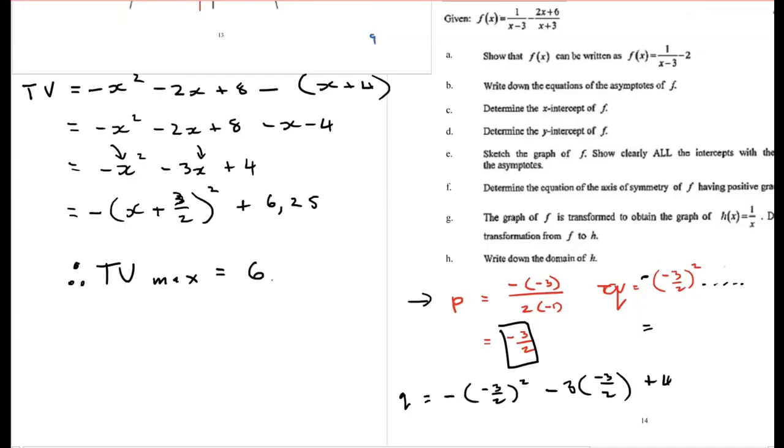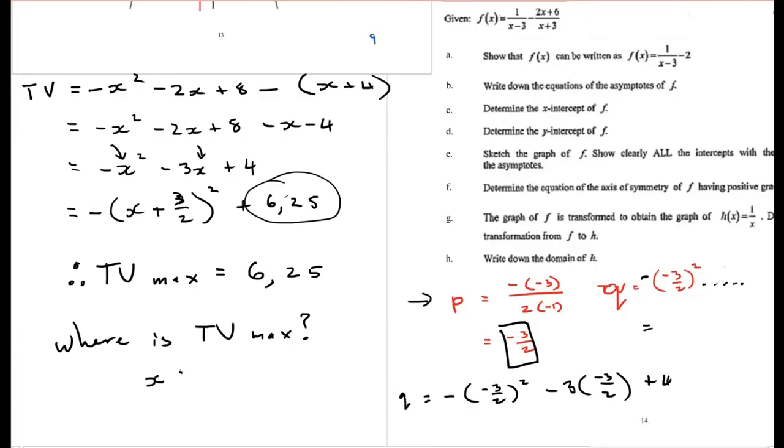Where is the maximum? If I asked you where is TV the max? Good, when x is negative 3 over 2.